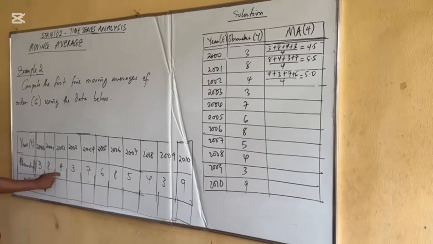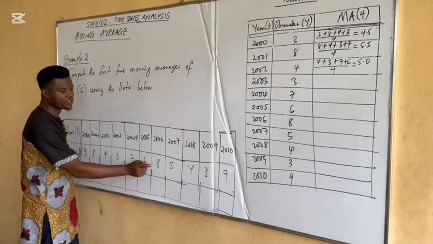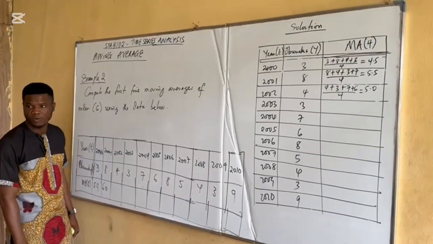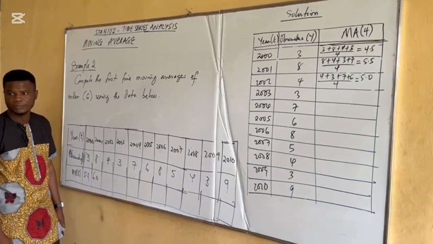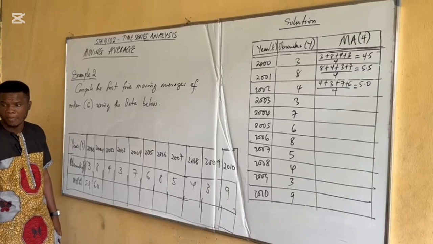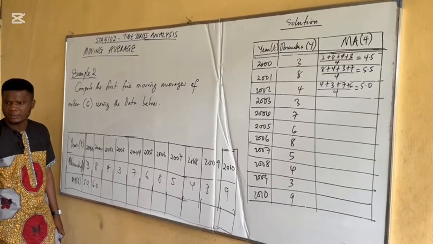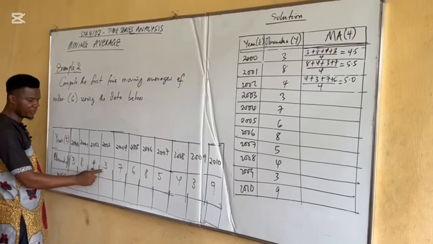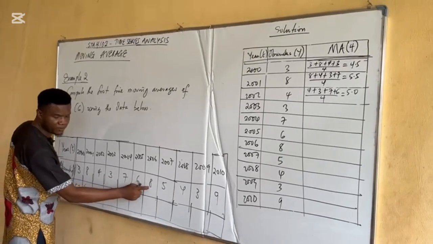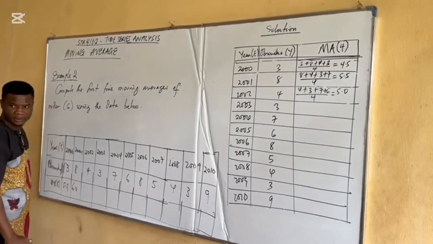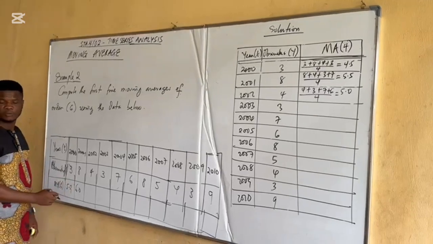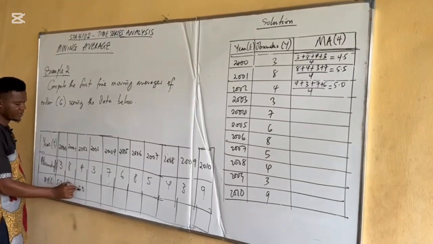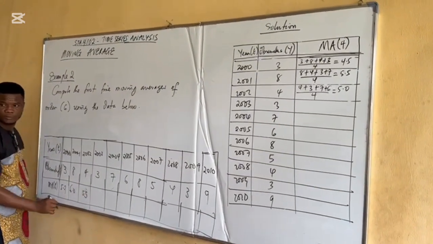The next one will be 4 plus 3 plus 7 plus 6 plus 8 plus 5 divided by 6. It will give you 5.5.